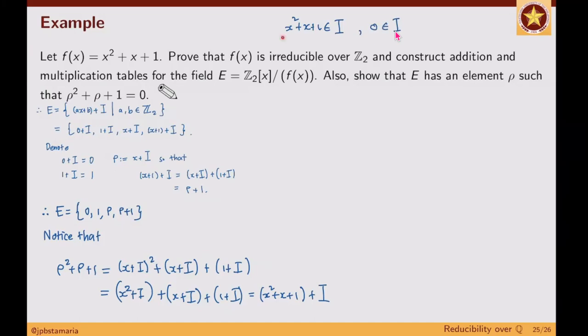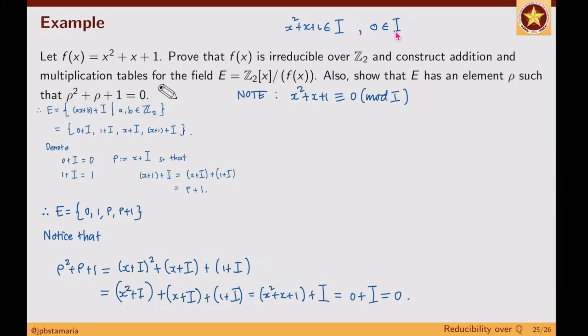Therefore, since both are in the same ideal, they are congruent modulo I. So x squared plus x plus 1 is congruent to 0 modulo I. Since they are congruent modulo I, the cosets they generate are the same. So this equals 0 plus I, or simply 0.